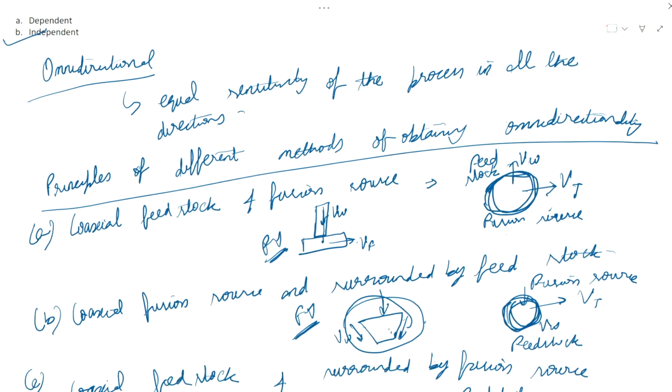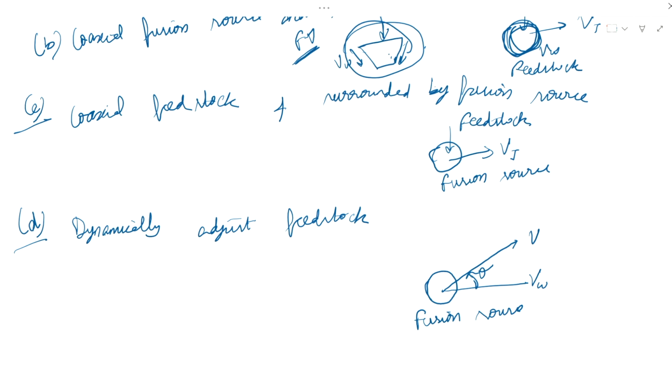Now in the next one, coaxial feedstock and surrounded by fusion source. Here we can see the fusion source is this one and this is your velocity of the feedstock.